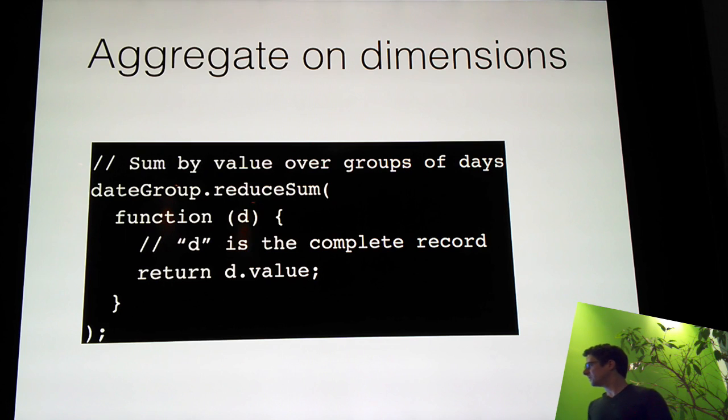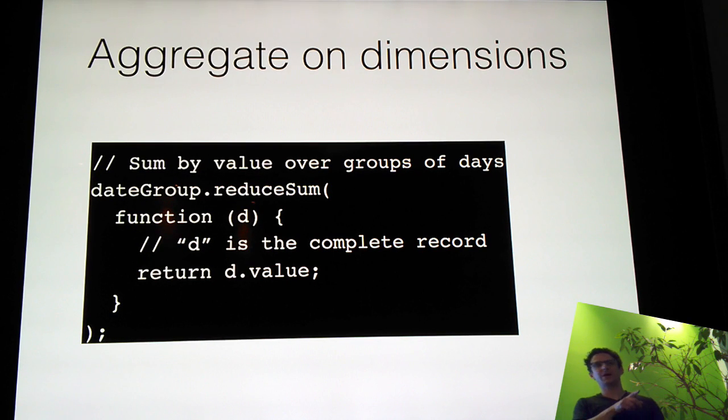You can do something like summing over groups of days. So there are 2 functions in CrossFilter: reduceSum and reduceCount. reduceSum takes another accessor function, but it accesses another value on the record.